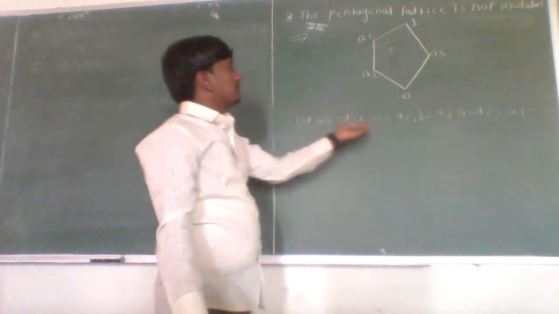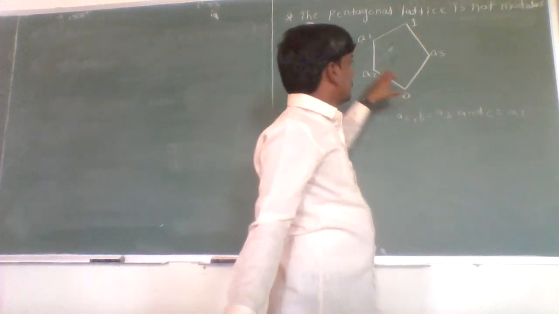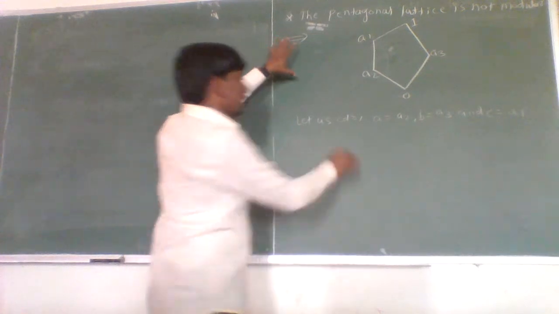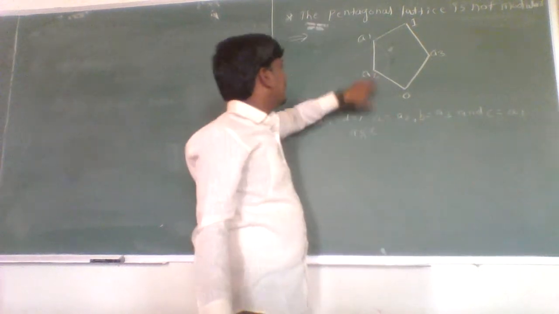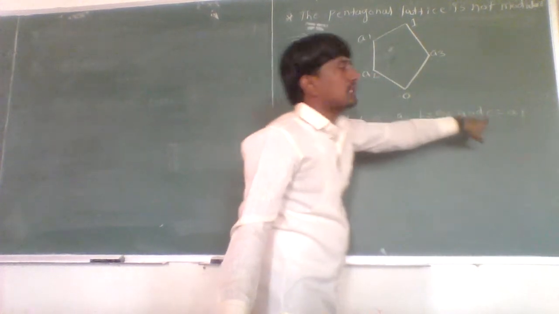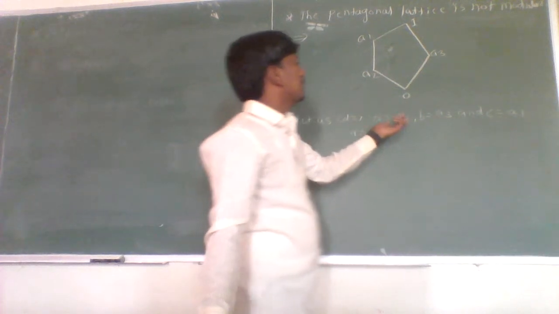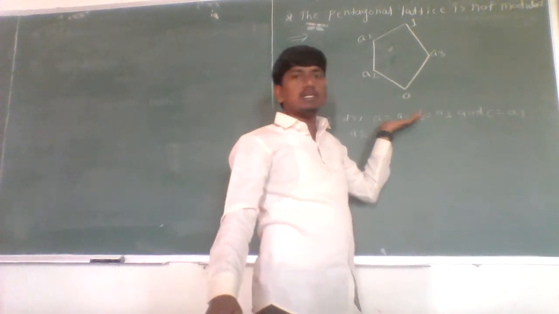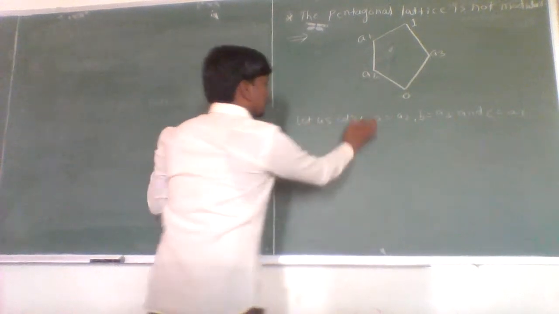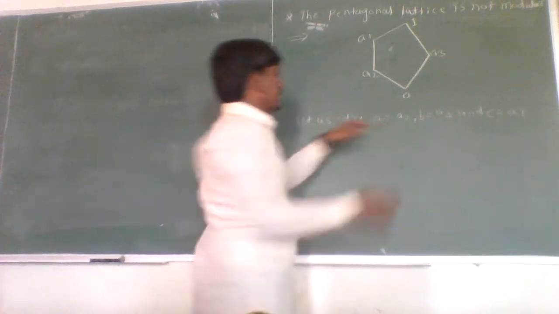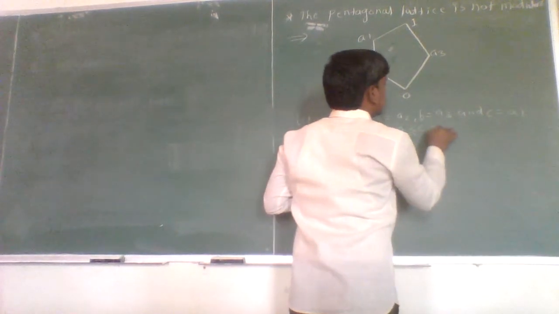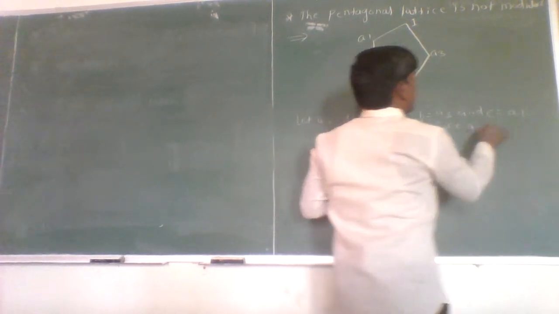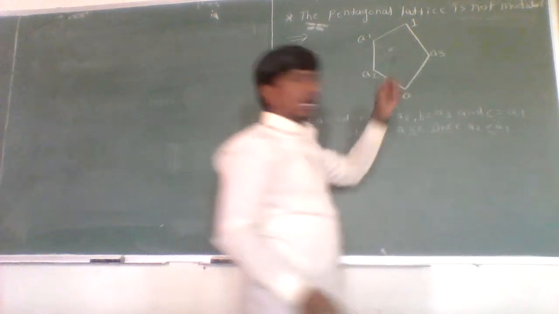Here we have to choose these values in such a way, since for a modular lattice we require the condition A precedes C. If we take A equal to A2 and C equal to A1, then we clearly see that A2 precedes A1, that is, A precedes C. Hence we have to choose the values of A, B, C in such a way. So clearly A precedes C, since A2 precedes A1 in this lattice.